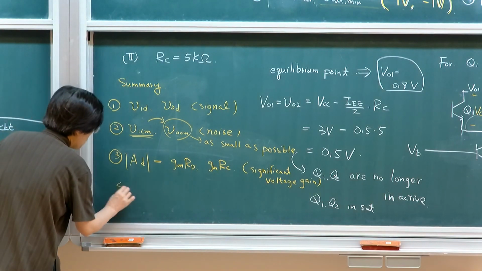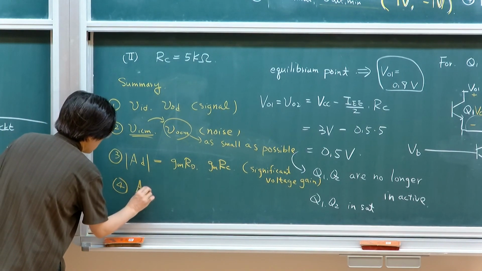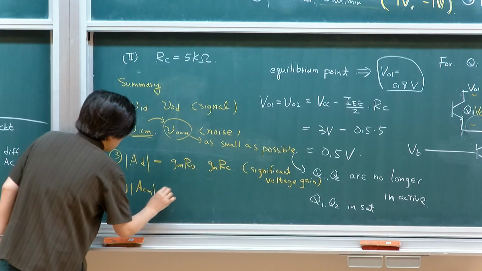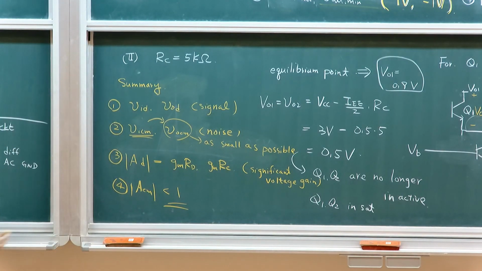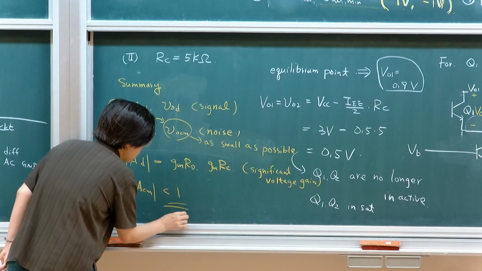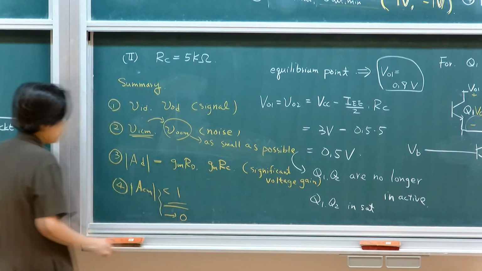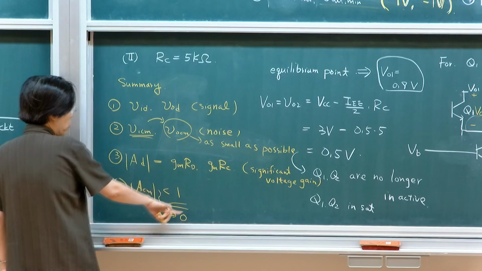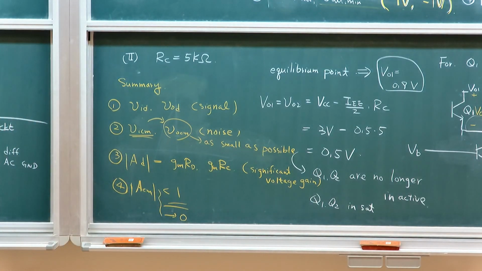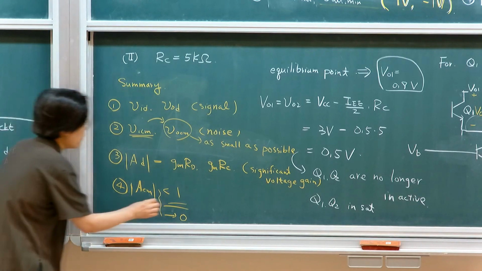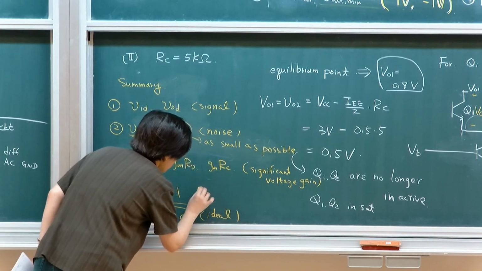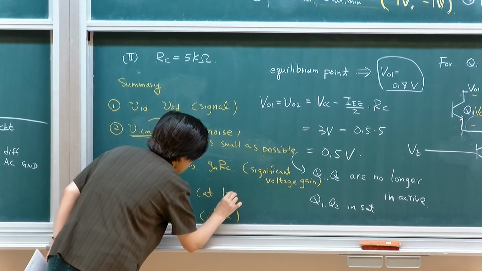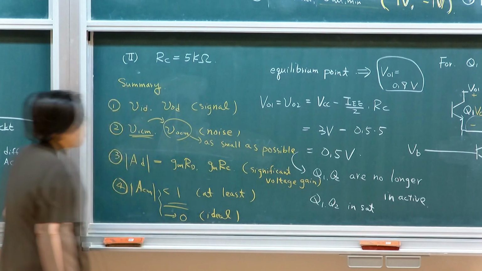But then we want to reduce our common mode gain to at least smaller than 1 because you don't want it to propagate, but ideally approaching 0. So this is the minimum you want to do. You want to make sure that at least it's smaller than 1, but ideally you want it to approach 0. This is ideal. This is at least. Okay?